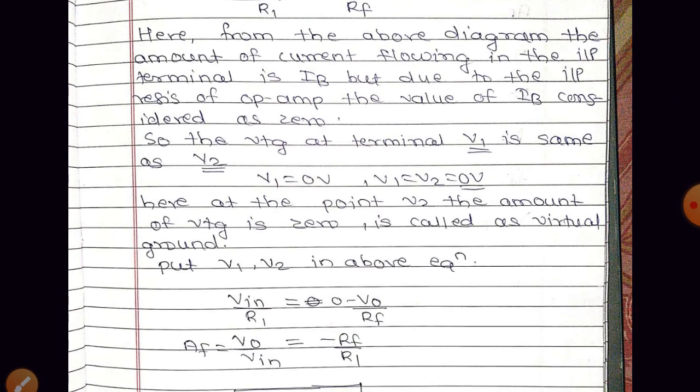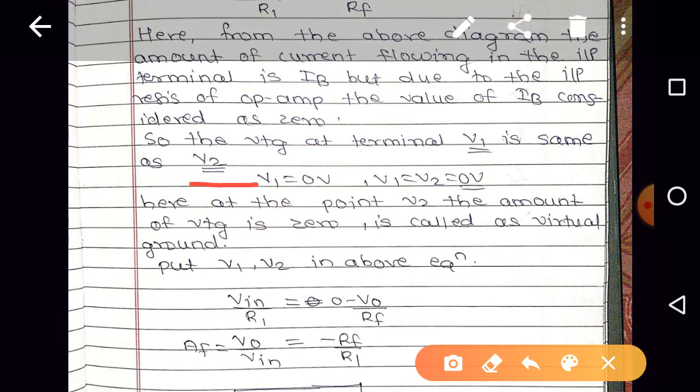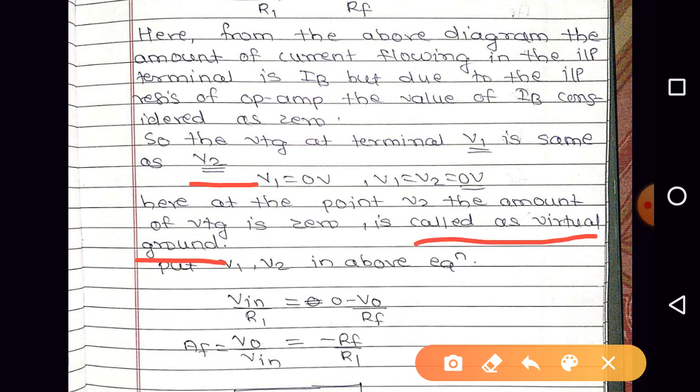So we can say that V1 is equal to V2, which is equal to 0 volt. Here at the point V2, the voltage of 0 is called the virtual ground.